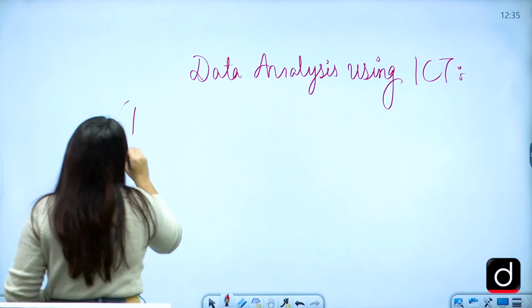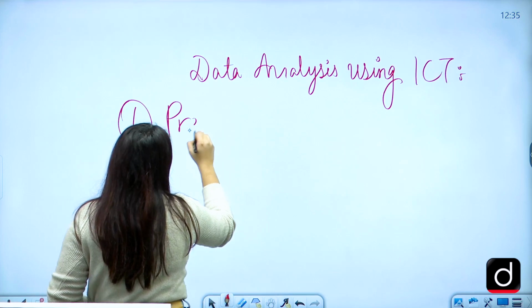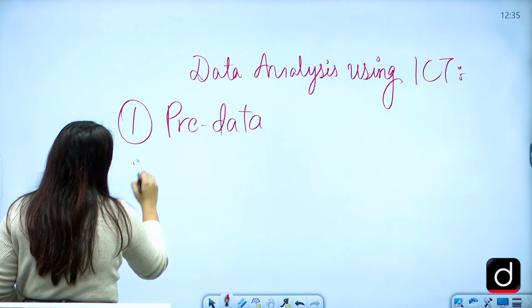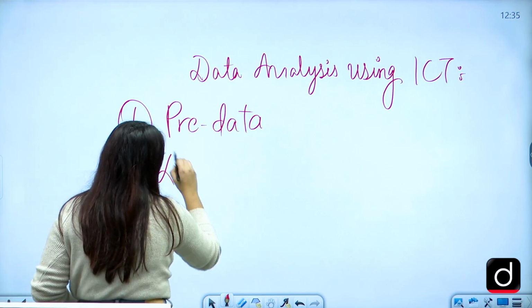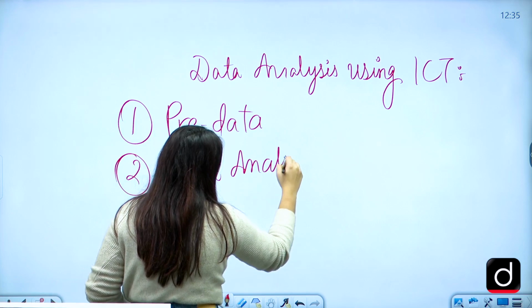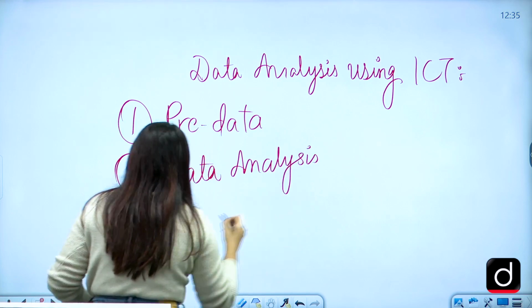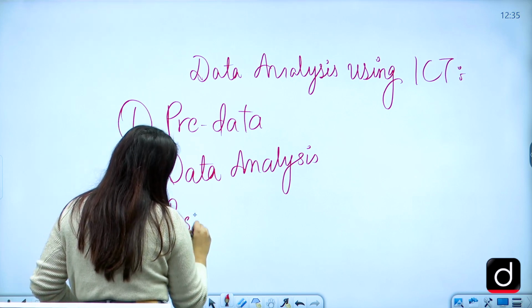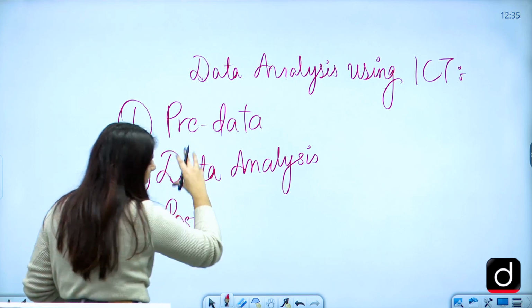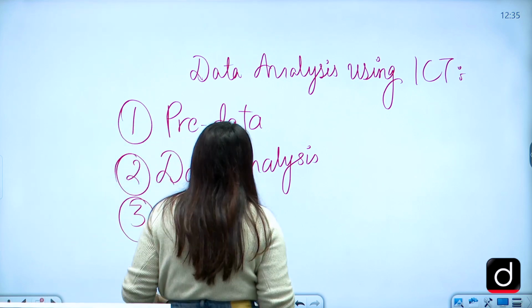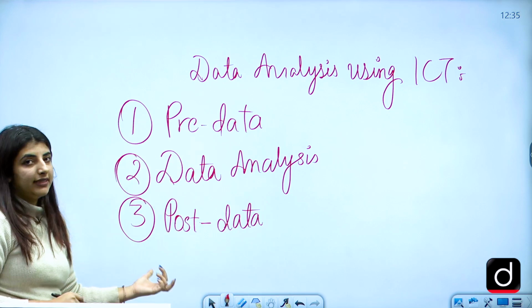So there is pre-data analysis. Then when we collect data, we do the data analysis, and then we have the post data analysis. When we have collected and analyzed the data, then we reach the third stage, that is post data analysis.